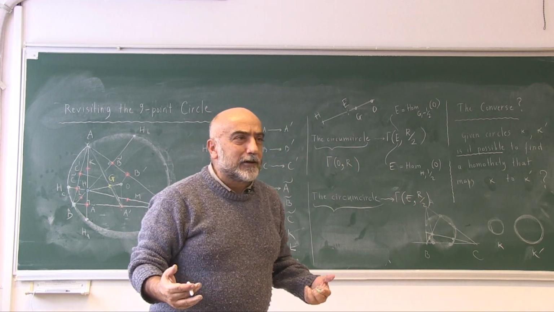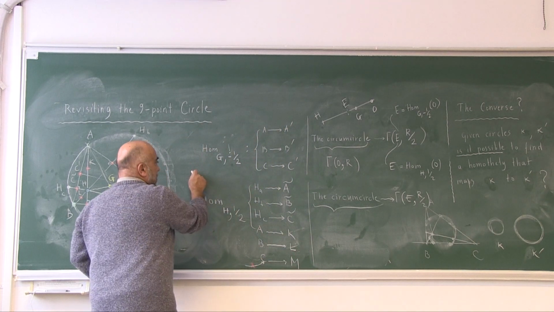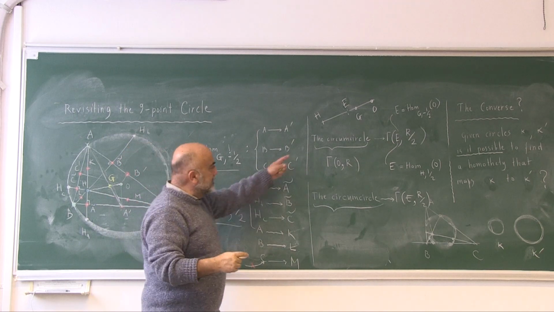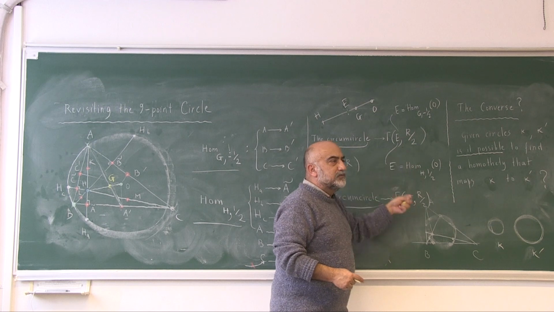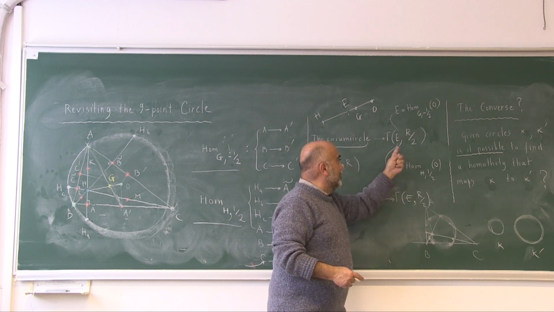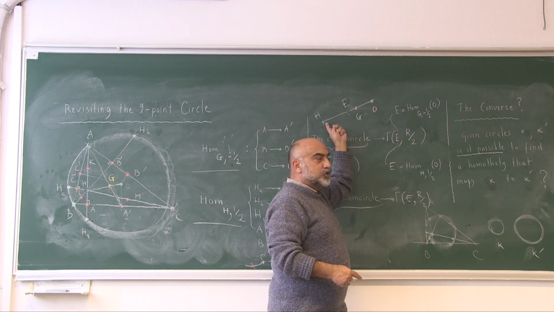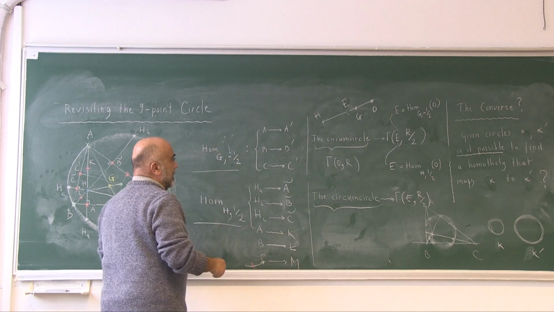So it's done. It's done. We have found that this homothetic and this homothetic, they both send the circumcircle into the same circle. The circle with center E, which is the exact midpoint of the line segment OH, and radius R/2. How many points on it are there?